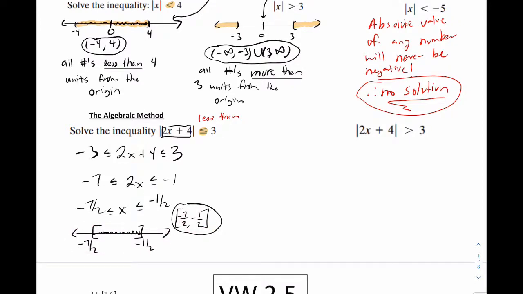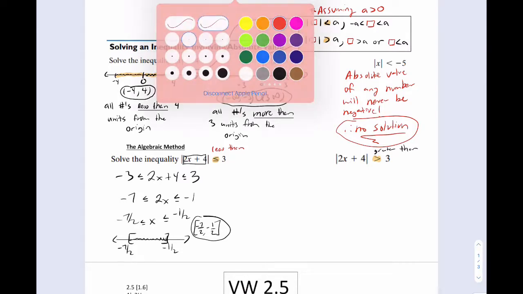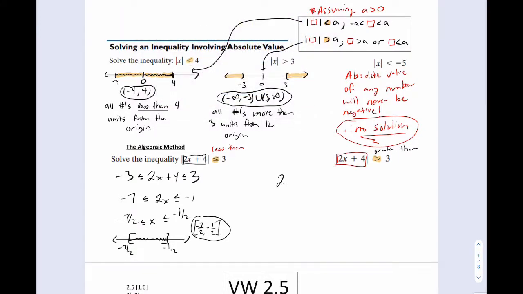For this one, notice how it says greater than. That's important. Greater than. Because what that means is we're going to be in a situation like this one, where the answers are going to be going away like that, which means our box, our 2x plus 4, is going to be greater than 3 in one situation, or our 2x plus 4 should be less than -3.